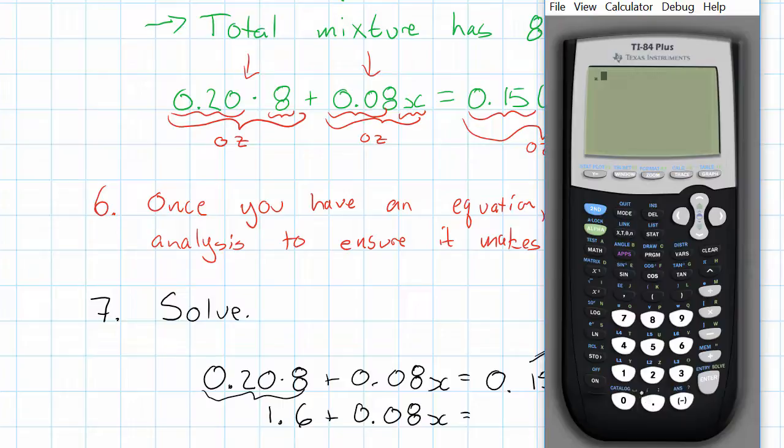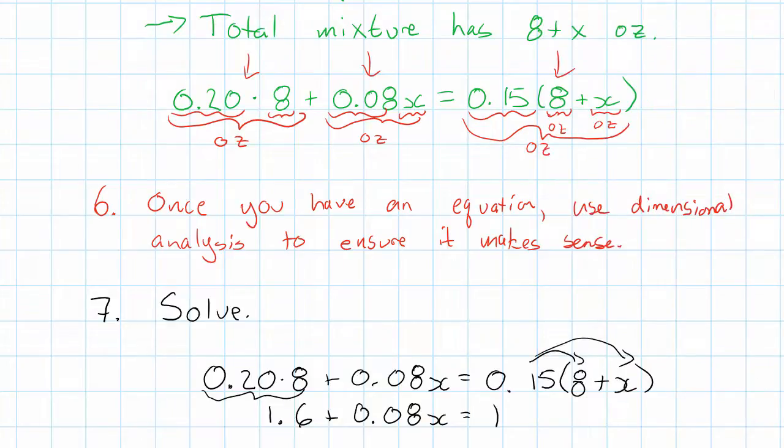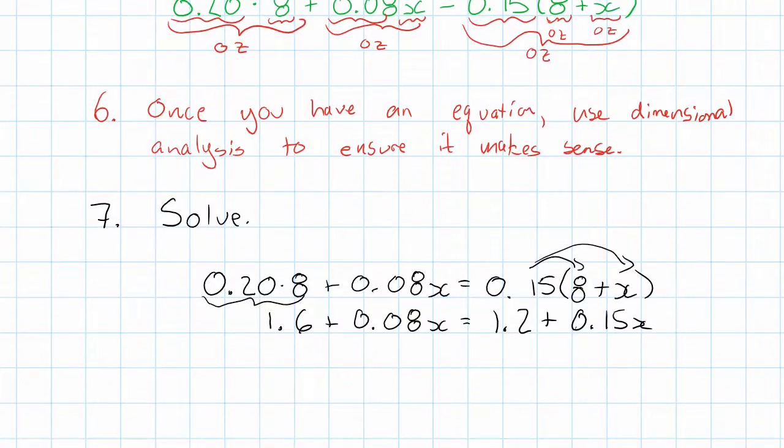Let's see. 0.15 times 8 is 1.2 plus 0.15x.